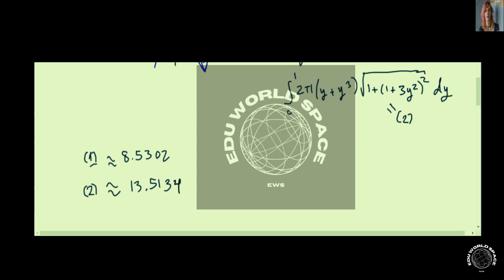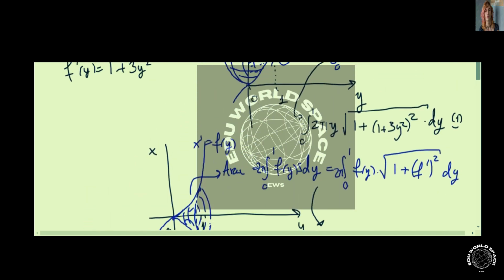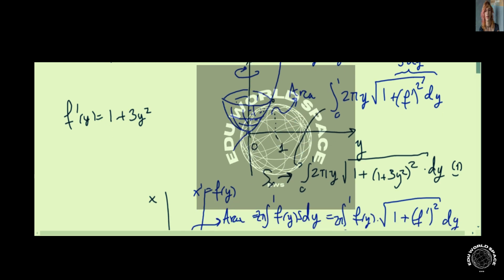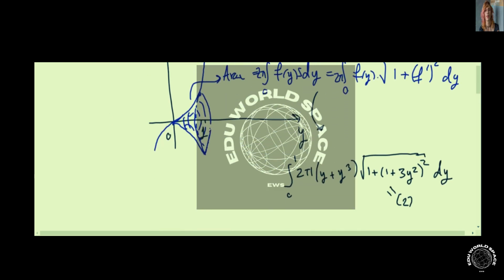So those are the areas of these two surfaces of revolution. This one is the surface of revolution about the x-axis, and this one is the surface of revolution about the y-axis.